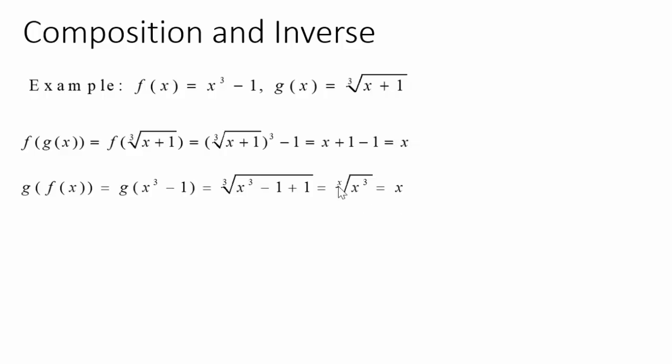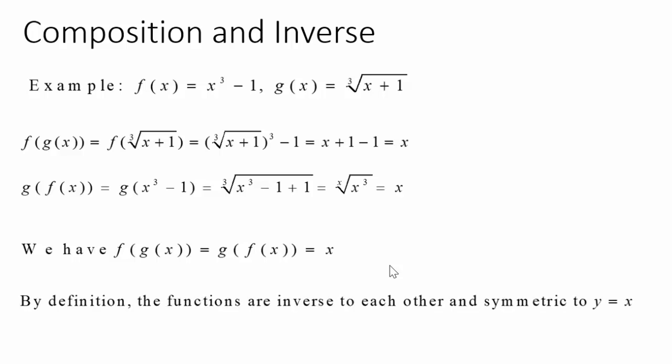So I have a typo here. This is not x in this radical sign. It should be 3. Now we see f of g of x and g of f of x are equal, and they are all equal to x. That means these two functions are inverse to each other.